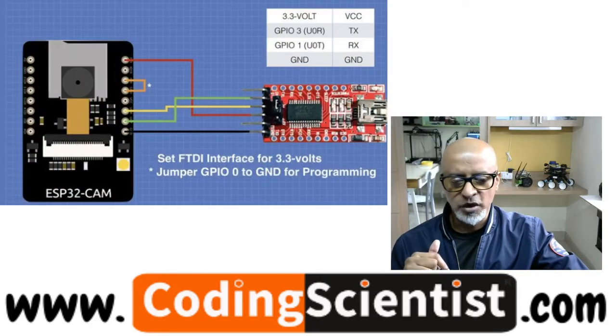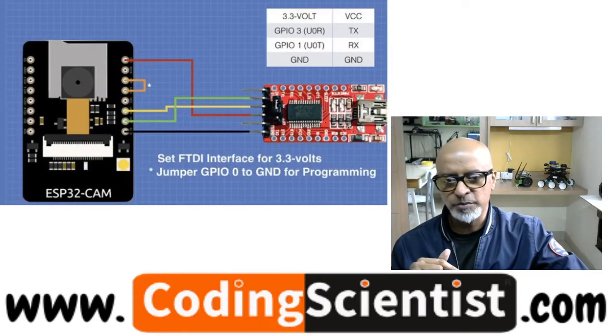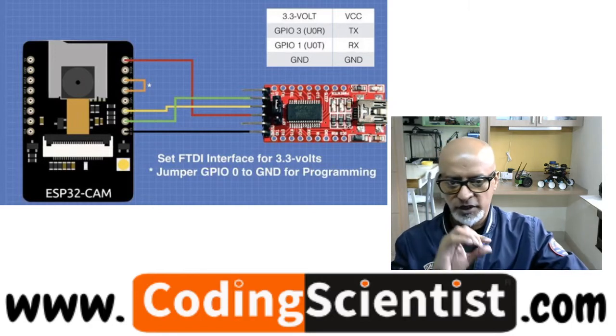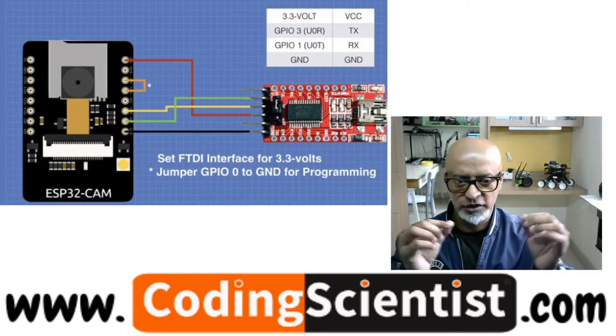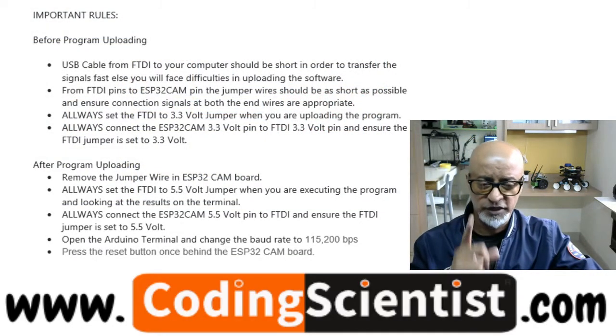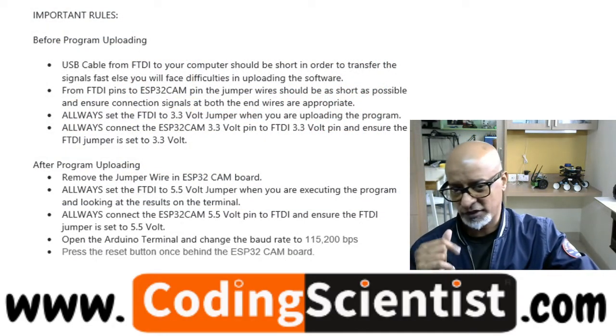So what you need to do, guys, it's very important: go ahead and hook up, first most important thing, hook up your FTDI to your ESP32 CAM as per this particular drawing, and make sure that everything is perfect, no loose connections, nothing. And then you have to follow the rules which I have been showing in the last 2-3 lessons, right?